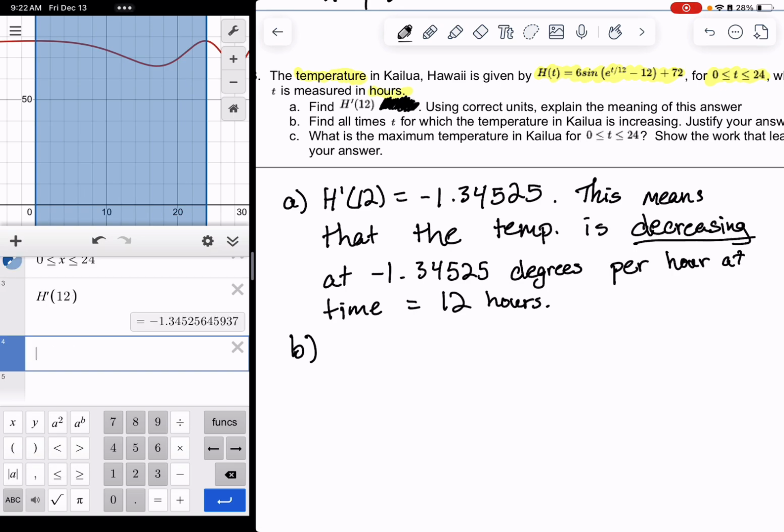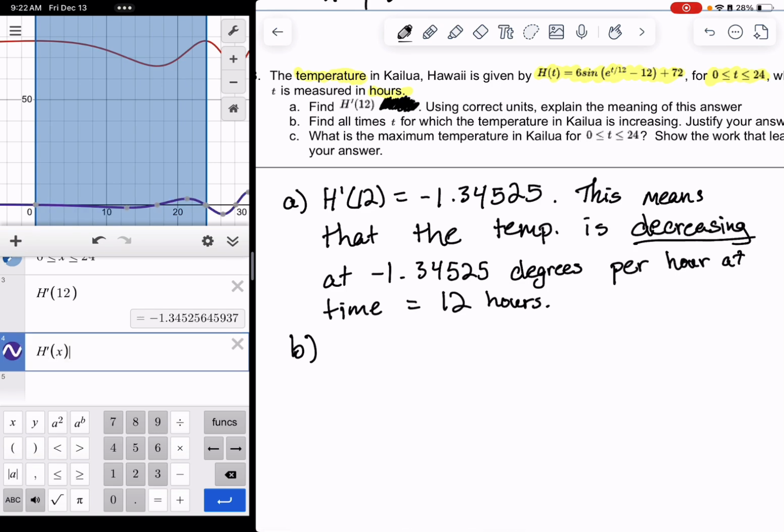Well, first, we could just plot h prime of x. And that gives me a handful of zeros. What I'm looking for is when that piece is above the x-axis. So it looks like we dip.